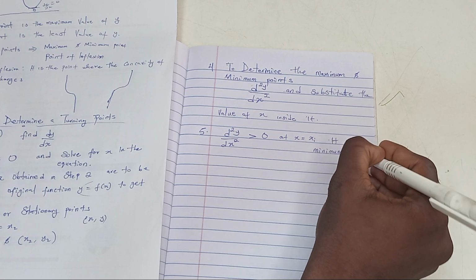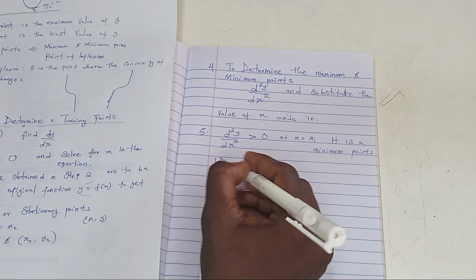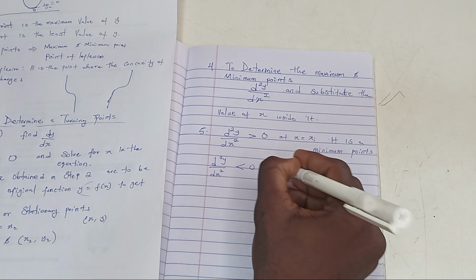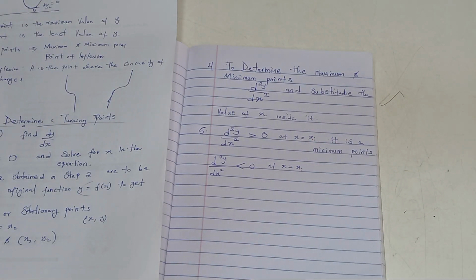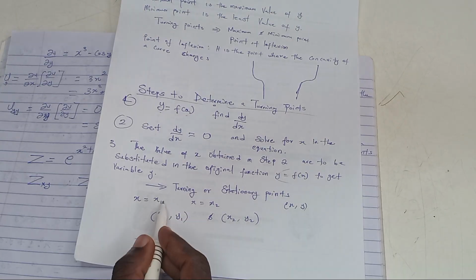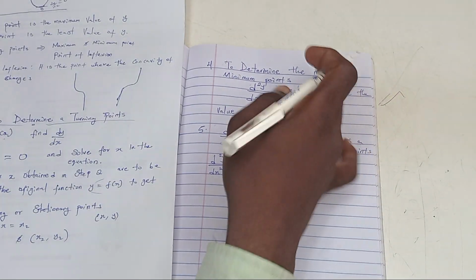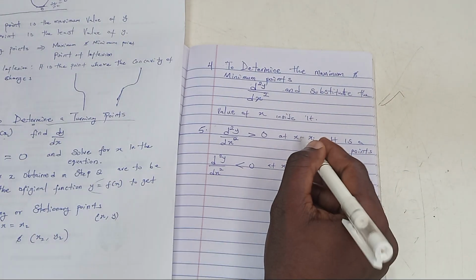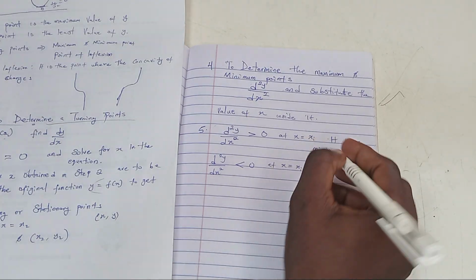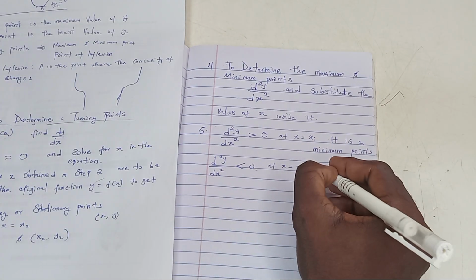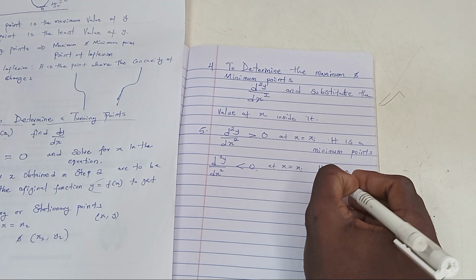If d²y/dx² is less than 0 at x equals xi, that means I can take the first x1, I can be 1 or 2, anyone. So that is xi. When you substitute any x value inside it, you get a minimum point. So don't worry, we'll solve the question and get there. If less than 0, it is a maximum point.